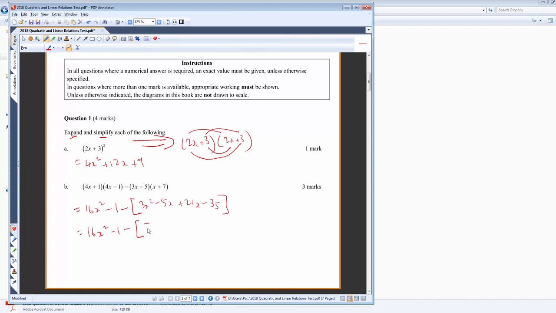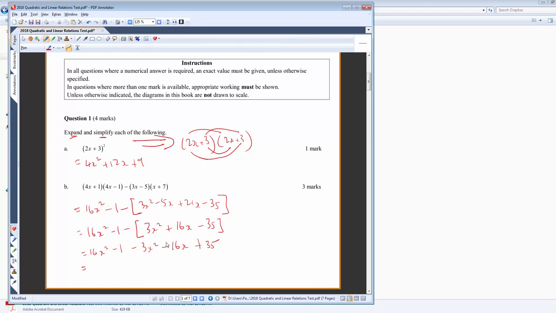and I'm just going to collect up the like terms here. 3x squared plus 16x take 35. So that's the same as 16x squared take 1 take 3x squared. So we're taking away this, we're taking away this, and we're taking away this. Subtracting the negative means that this is plus 35, and this is where most of the students came unstuck.